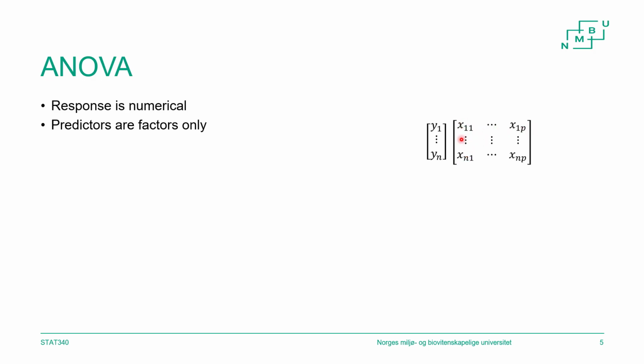You design your experiment and you vary systematically a few factors, right? So P is pretty low typically when you do ANOVA. And each factor has then 2 or more levels, categories. And then we use ANOVA. But the response must still be numerical.